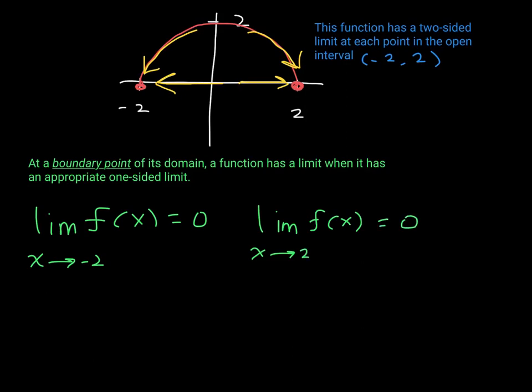So when talking about boundary points, all you really need to show is that there is a one-sided limit. If you can show that there's a one-sided limit at the boundary points like you and I have, then we say the limit exists at that point.